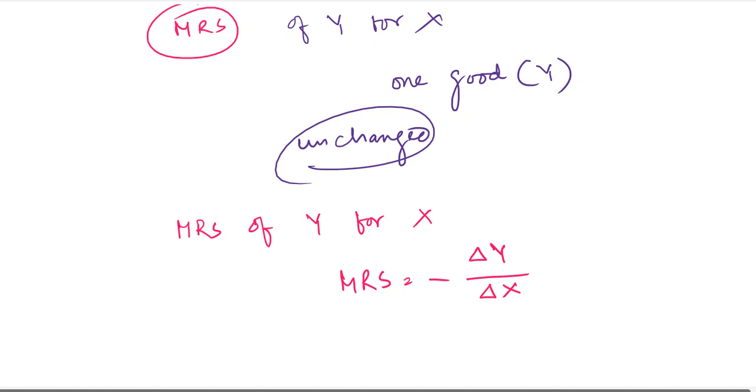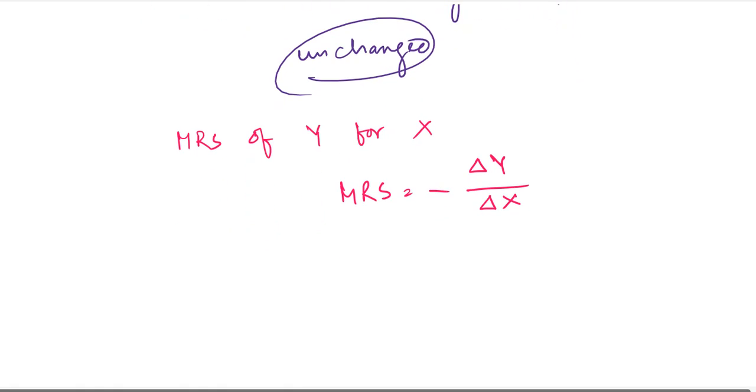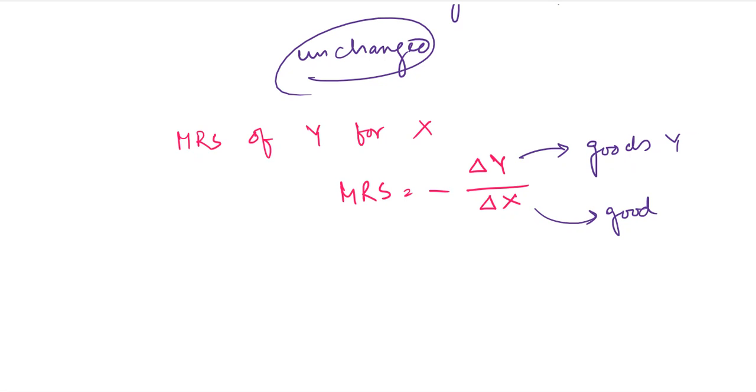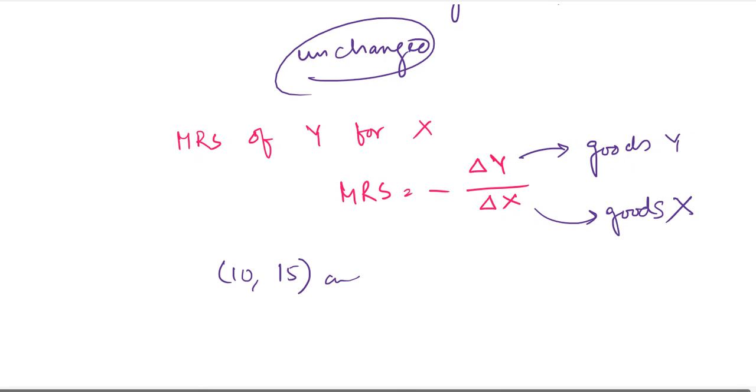Here del Y is the change in the quantity of good Y, and del X is the change in the quantity of good X. The given condition is that Ojo is indifferent between the commodity bundles (10, 15) and (12, 14).